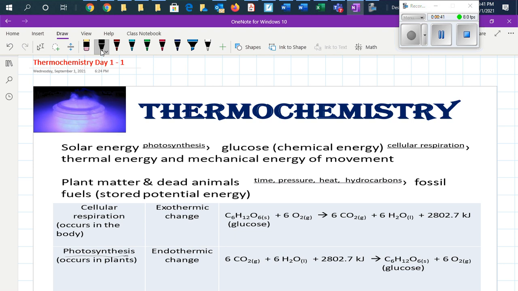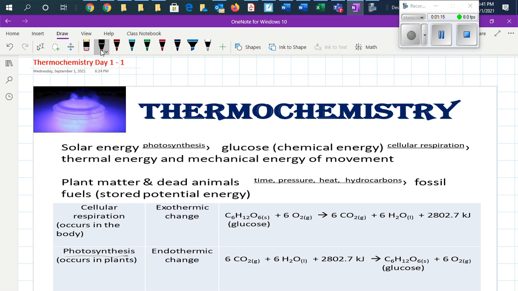Photosynthesis is the process that produces glucose, and cellular respiration is the opposite reaction. So if glucose is produced through photosynthesis, then in cellular respiration the glucose is decomposed, producing carbon dioxide and water.